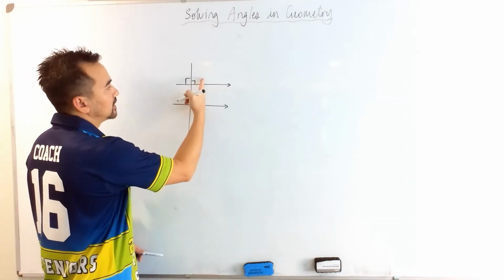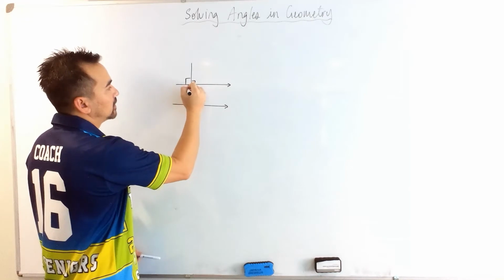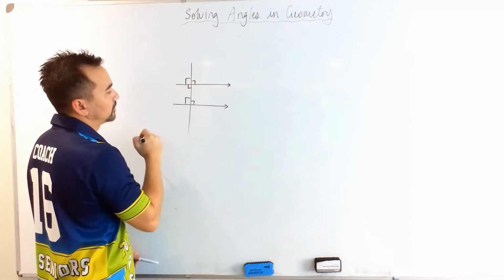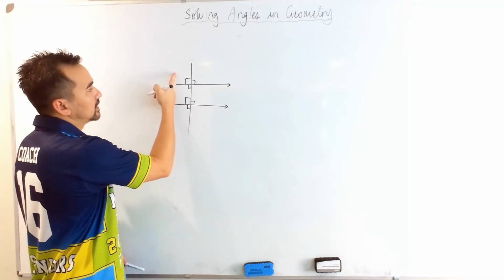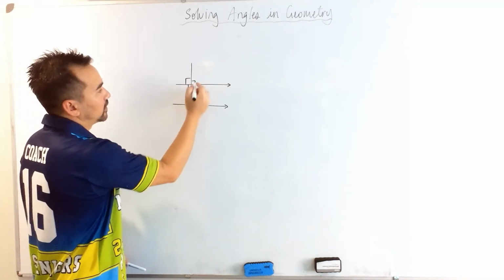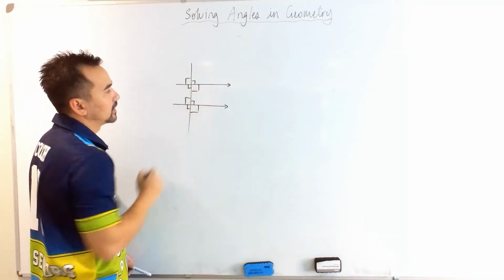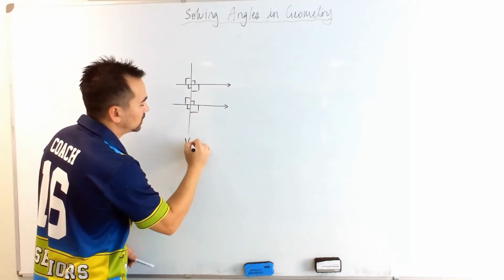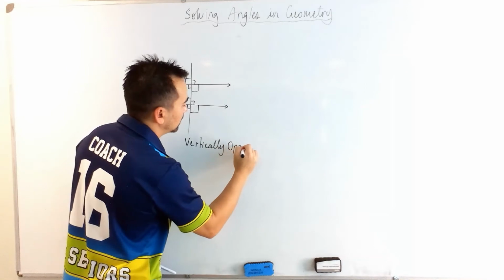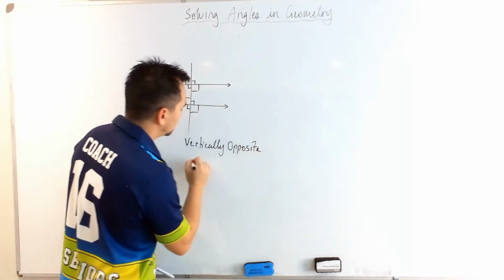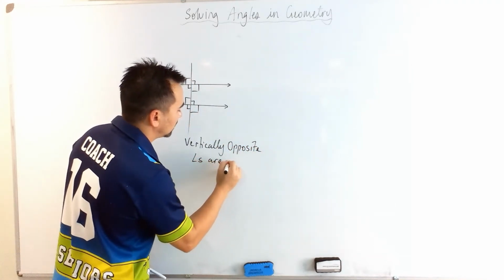Okay. Now, we already learned from the last video that vertically opposite angles are equal. So if this side is 90, the diagonal has to be matching. And whatever angle this side is, it has to equal this side. Okay? And that rule is called vertically opposite angles are equal.